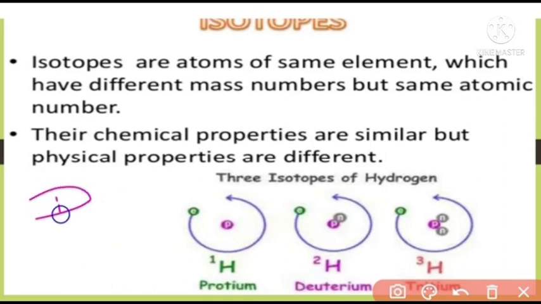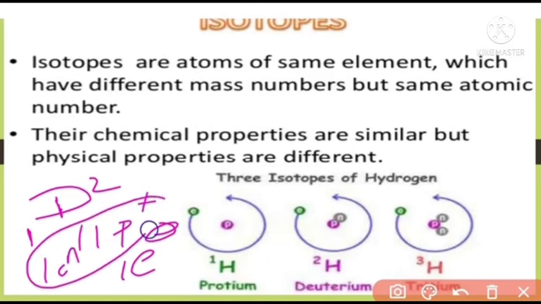Deuterium is represented by the symbol D, 1D2, so it contains 1 proton, 1 electron and 1 neutron.